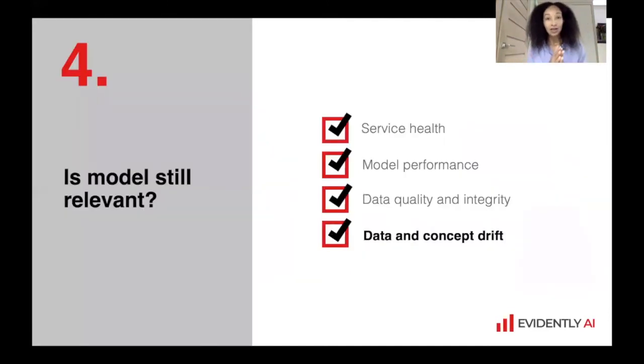So, okay, let's say that we are already able to figure out what exactly is wrong with our data and estimate data quality. There is one more important question I would like to address here, and this is the relevance of our model. Sometimes we start working with our model in production, then some time passes, and we need to figure out whether we need to update our model or not.